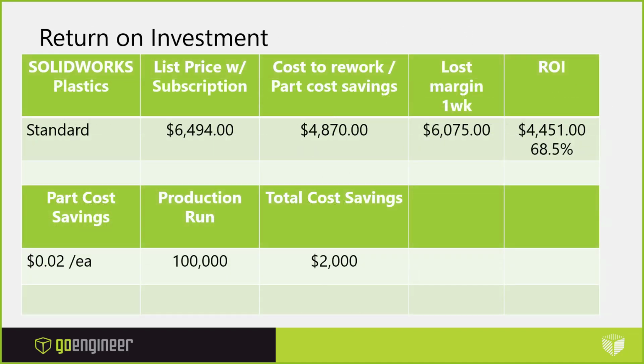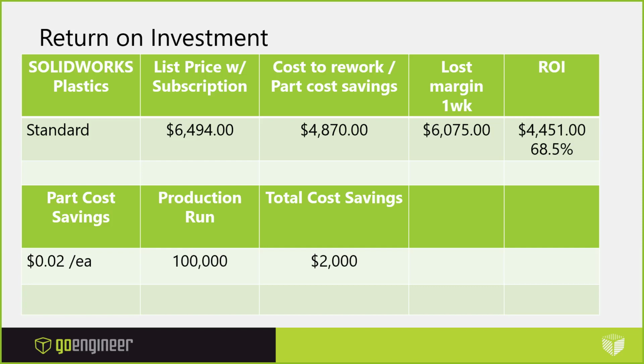So when we look at the return on investment for SOLIDWORKS Plastics Standard, our list price with subs is just under $6,500. Our cost to rework that mold was $4,870. And then if we look at the 40 hours of lost time in the tool shop and equate that to the injection molding shop, typically you're running 24 hours a day.